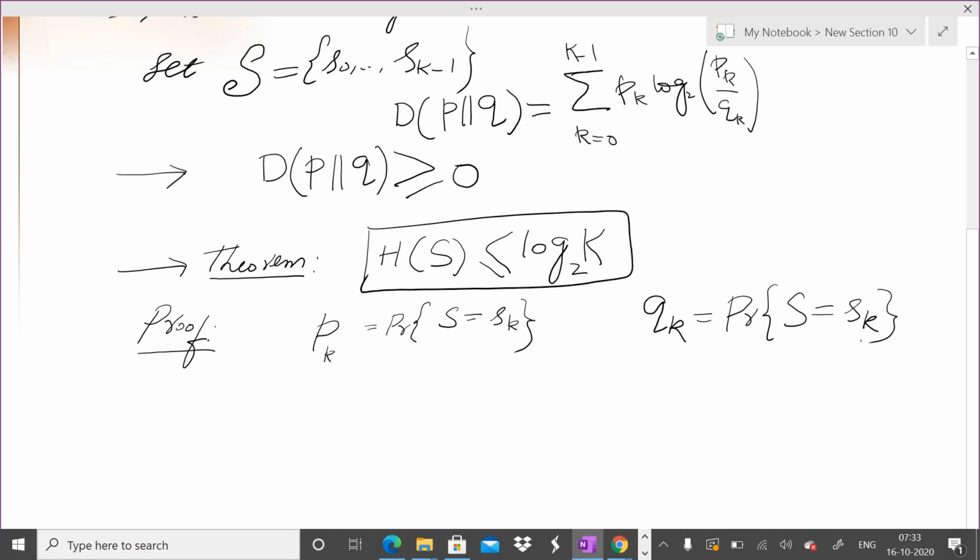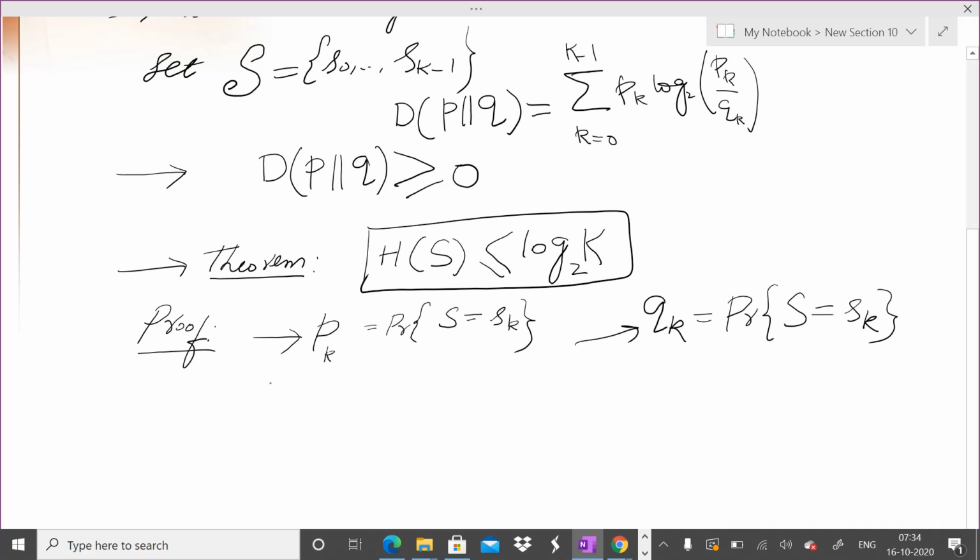But you can think of these as two different people guessing the probabilities. Whereas pk we think of as the true probability, qk is a guess which may or may not be correct. That is its interpretation. Otherwise, mathematically, pk and qk are just two probabilities, and D(P||Q) is the relative entropy between the two.